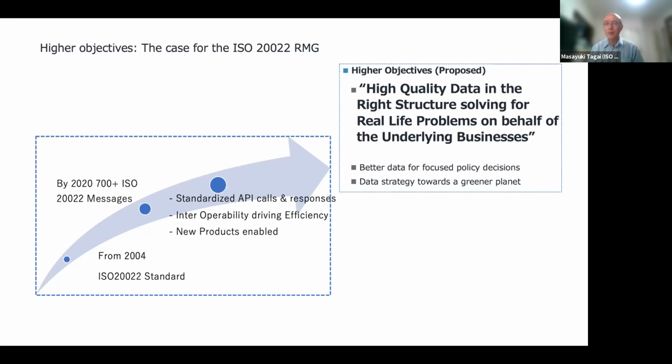ISO 20022 allows you to automate processes. Once you have the data structure that ISO 20022 asks you to have, then you can start the real work, which is automation, which is providing value reporting, which is providing better data analysis for your clients.